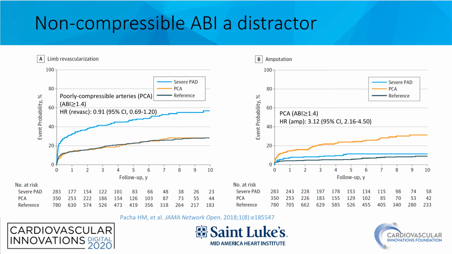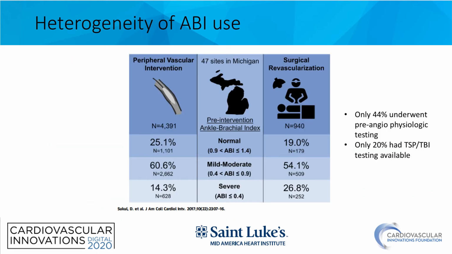In fact, non-compressible ABIs are a distractor when dealing with the critical limb population. Poorly compressible arteries are no more associated with limb revascularization than reference ABI levels, whereas they are more strongly associated with amputation. In a large registry analysis, the heterogeneous use of ABI has been exposed. This study was nicely done and looked at 47 sites in Michigan offering CLI care, including sites that offered peripheral vascular intervention and surgical revascularization.